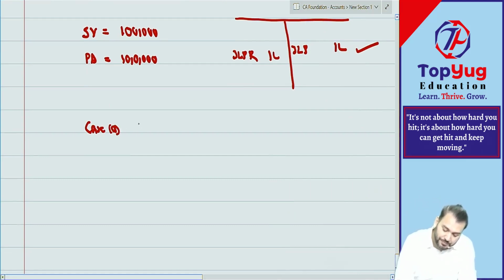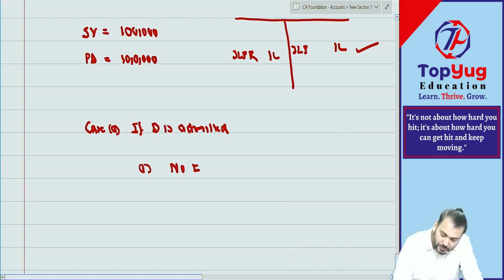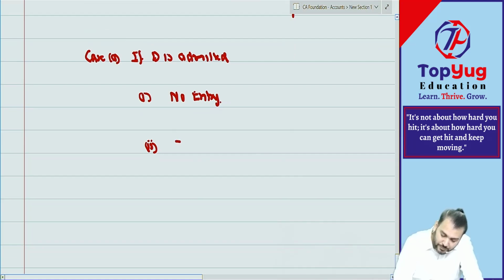Case number A. If T is admitted, tell me, what you will do? First, what about JLP? So point number 1, I am writing no entry. Yes or no? No entry. Then point number 2, what? JLP reserve account debit to what?